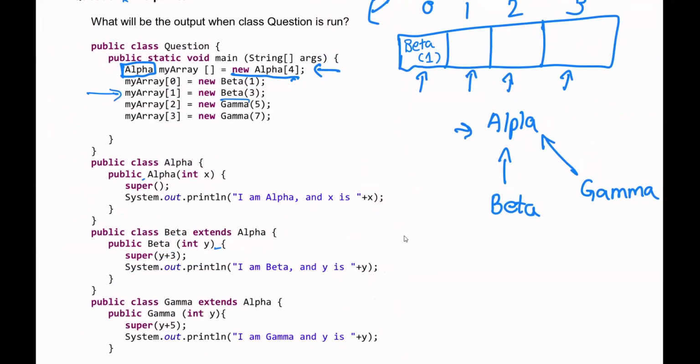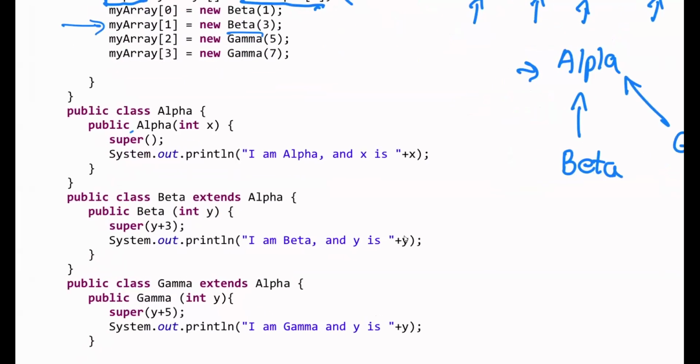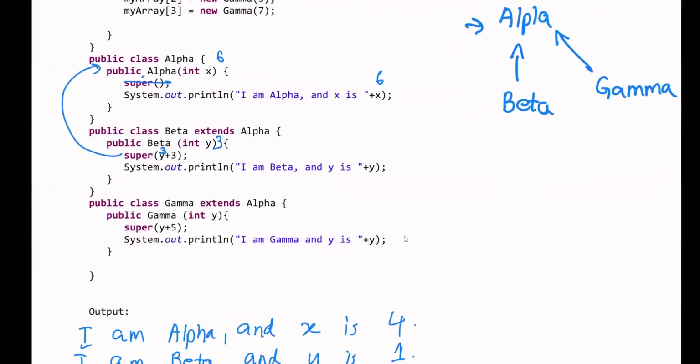Again, the same thing, only the value changes, so I will speed up a little bit. So y is 3, 3 plus 3 is 6. Go to here, x is 6, and I am alpha and x is 6.